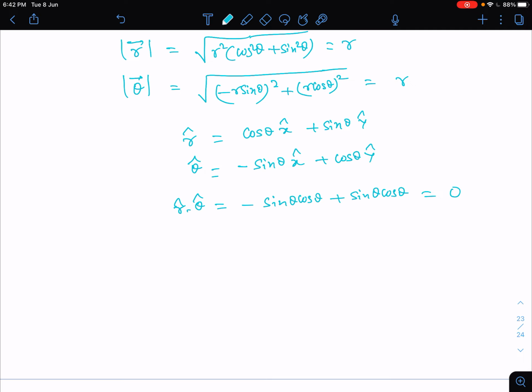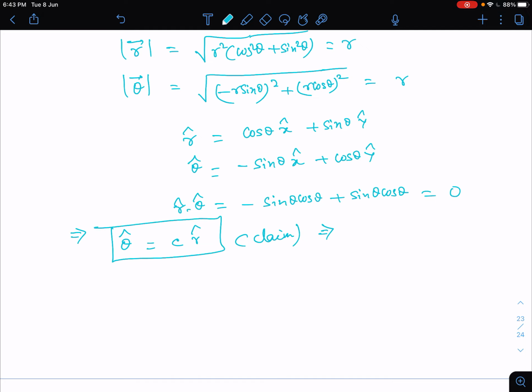For any vectors to be linearly dependent, let's say first that theta cap is linearly dependent on r cap, that is, theta cap is some constant, let's say c, times r cap. Let's claim this. If we disprove this claim, then we can show they are linearly independent.